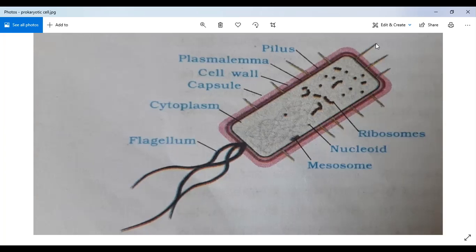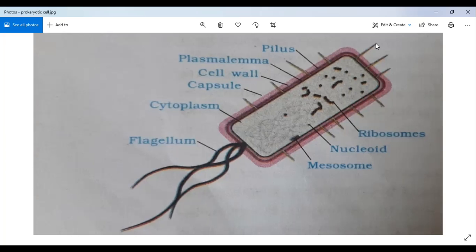Prokaryotic cells are the cells that lack a nuclear membrane, so-called primitive karyon, primitive type of nucleus. The nucleus that contains no membrane is called a primitive type.